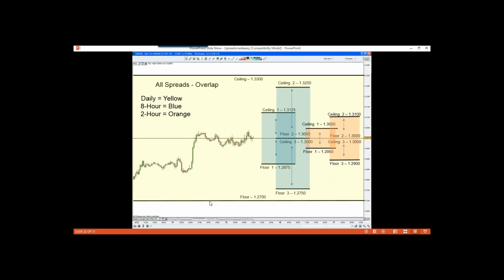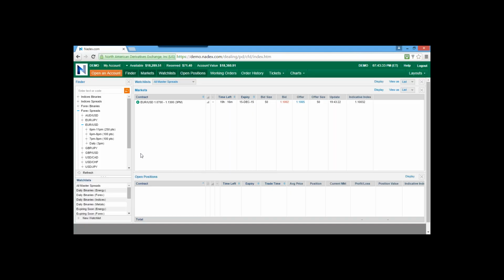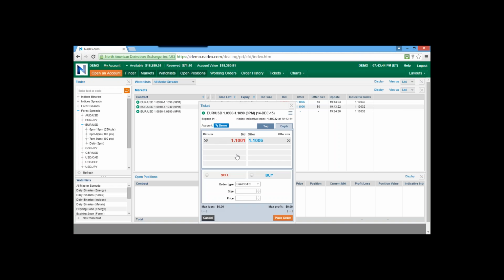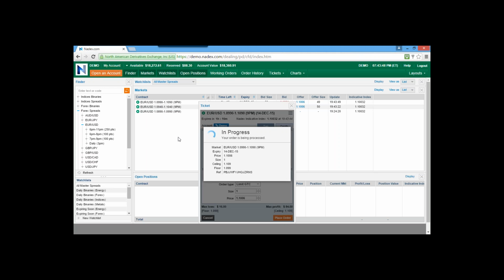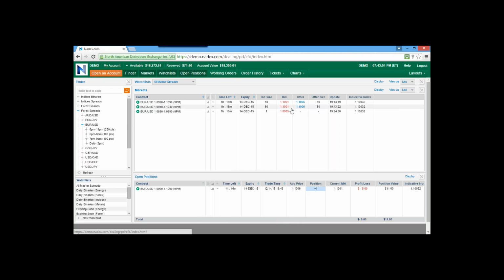Okay, so let's look at something here. Let's just say, for example, that I wanted to buy a spread. Okay, say I wanted to buy this spread right here. And this is to answer Jason.